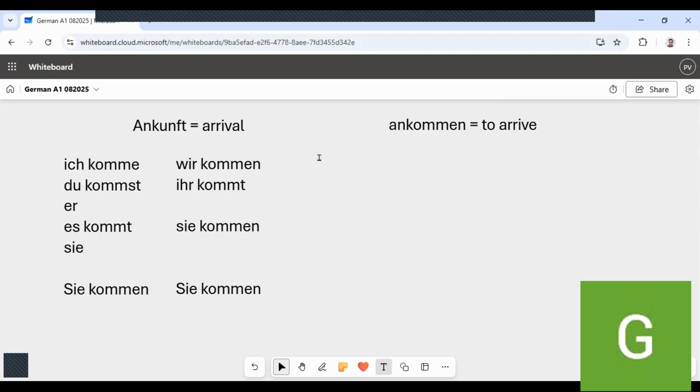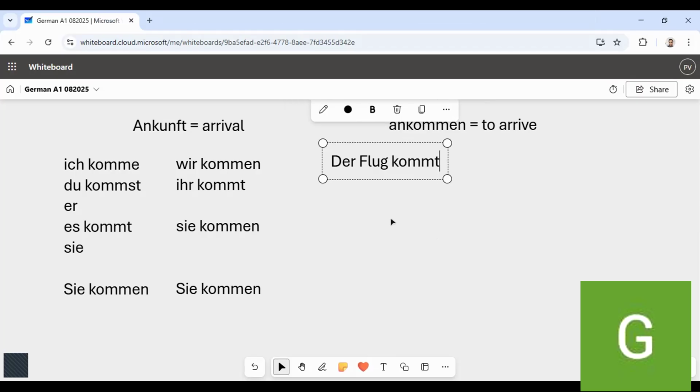Tell me. Der Flug. Yeah, okay. Der Flug kommt. It will not be kommst, as first of all there is no du. Even if there is a du, it will not be that. It comes. Der Flug kommt. What was next, sir? Um 2 o'clock.